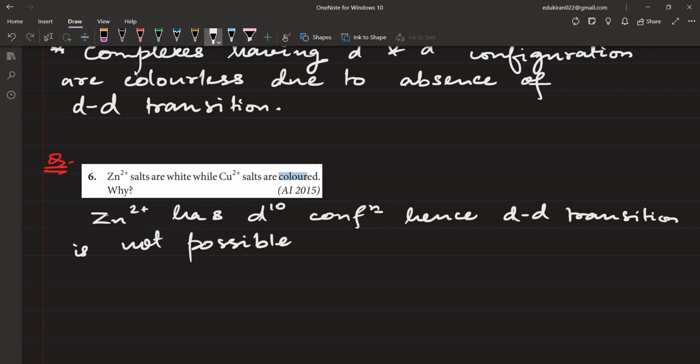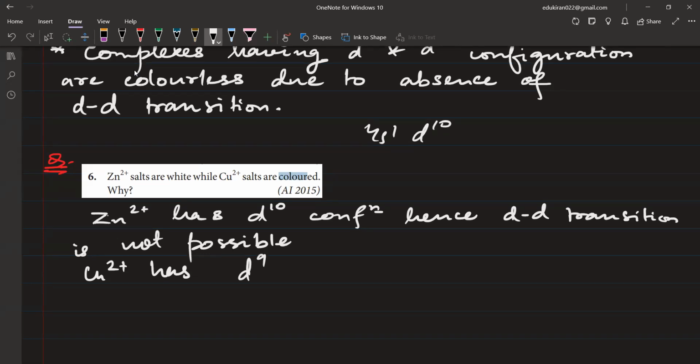ऐसा नहीं कि सिर्फ जिंक के बारे में लिख दिया कि क्यों नहीं होता. You will also write about copper, why these are colored, right? Copper 2+ has what configuration? Tell me. देखिए क्या होता है, 4s1 3d10, 2 इलेक्ट्रॉन निकाल लीजिए, D9 हो जाएगा, राइट?